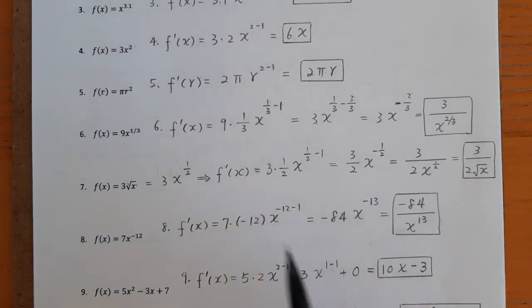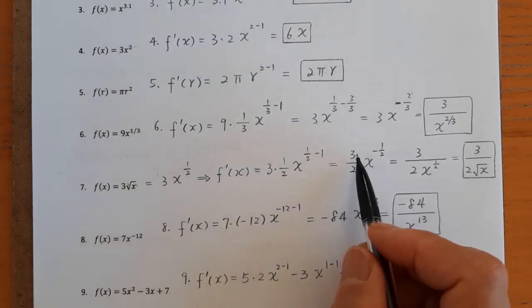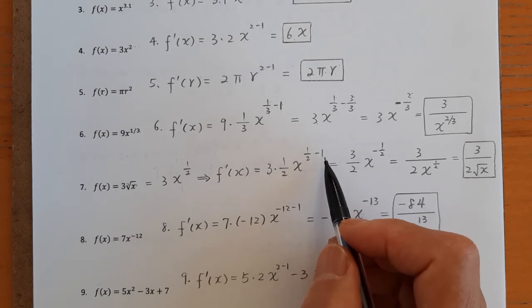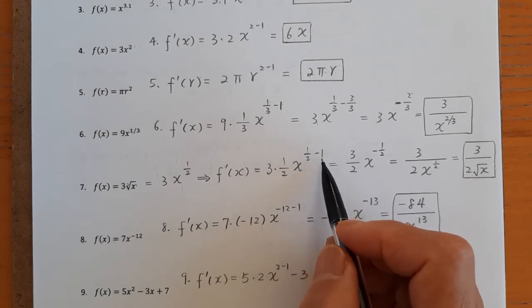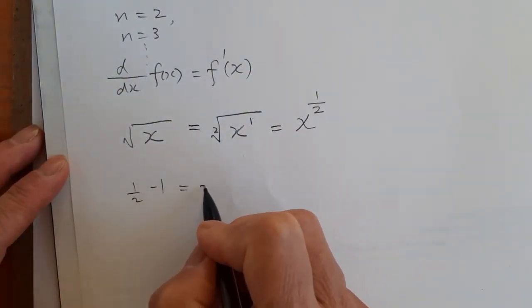And then take the derivative. So 1 over 2 times 3 is 3 over 2. x to the power 1 over 2 minus 1.